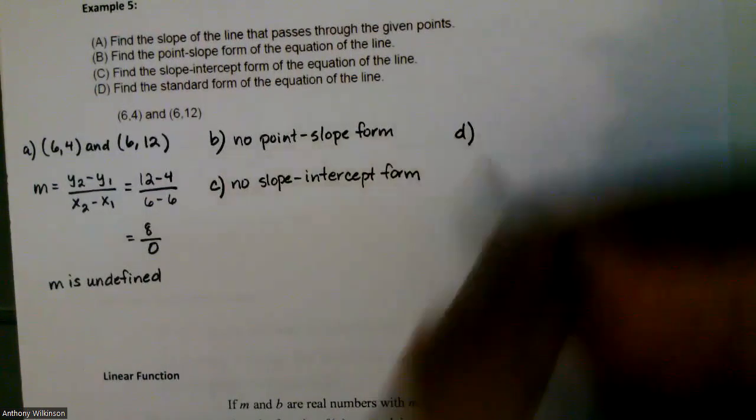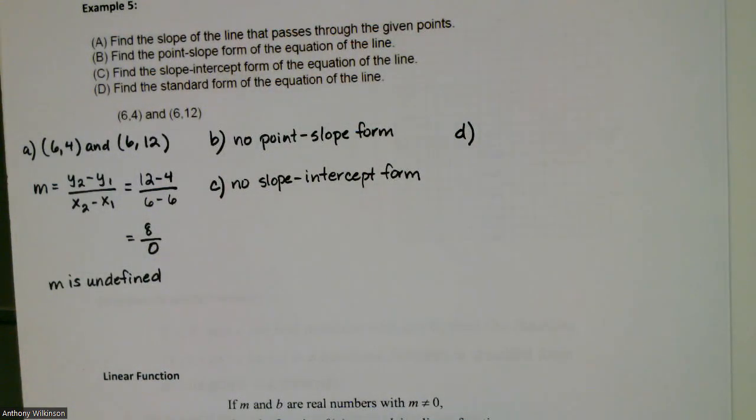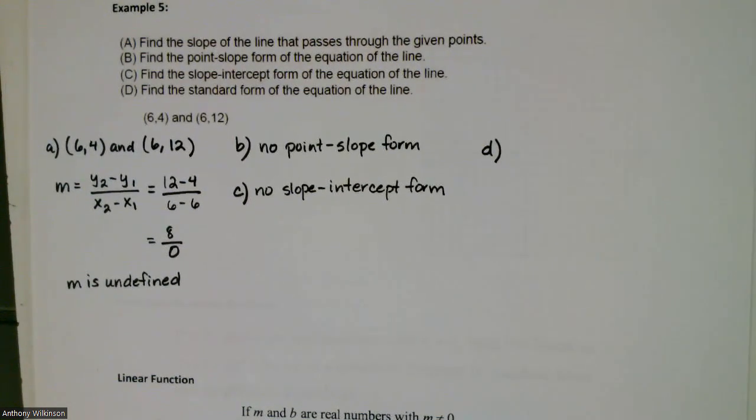Now for part D, finding the standard form of the equation of a line. Well, of course, there's no slope there, but keep in mind, if you have an undefined slope, that means you're going to have a vertical line. And let's go back to where we talked about this before.